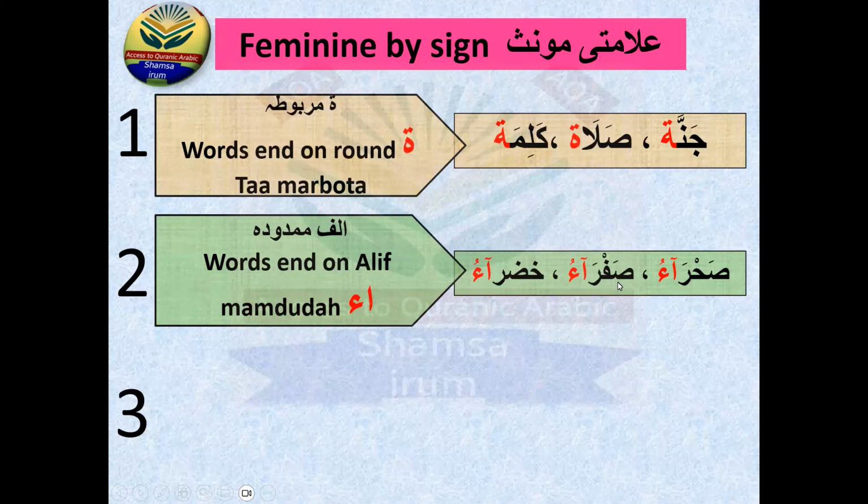Anyhow, these words will be considered feminine when you see these two letters in the end, alif and hamza. So it is a sign that they are feminine. These words are not used as much in the Quran as ta marbuta is, but this one is used, though not very much.